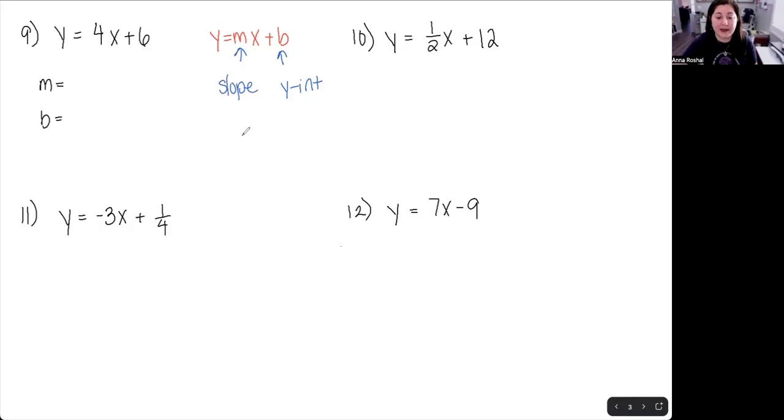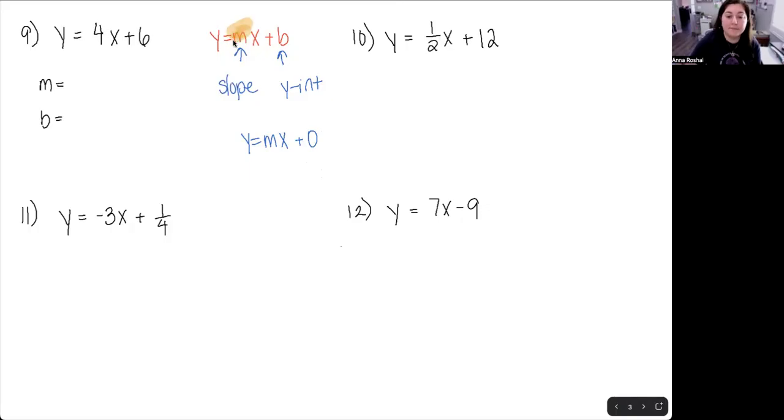Sometimes you will just have a y equals mx situation and your b is going to be 0. That's not the case for any of these, but it is possible that a question like that might show up on your test.